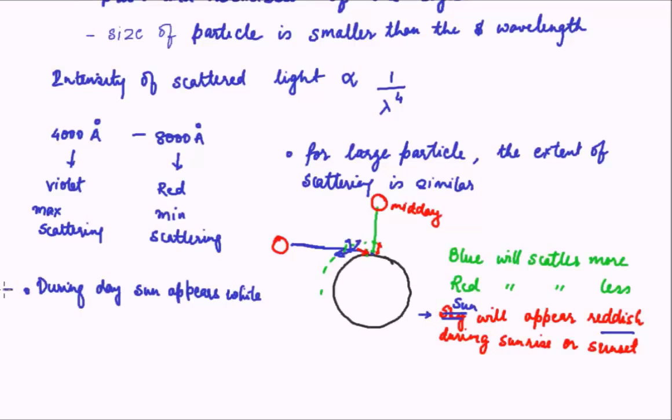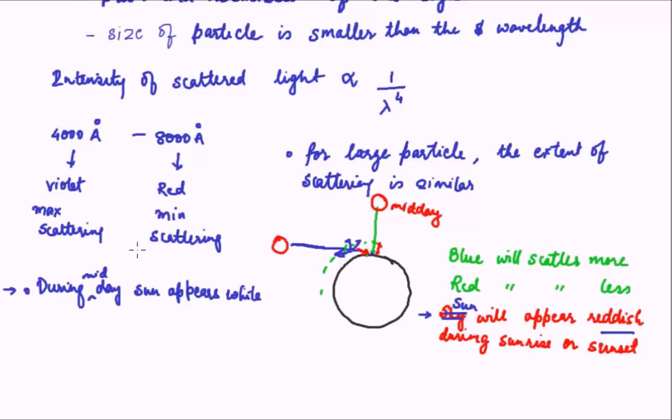Given that, the effective scattering of blue or violet will not be very different from that of red, right? Therefore the sun directly above will appear mostly whitish in color, right?